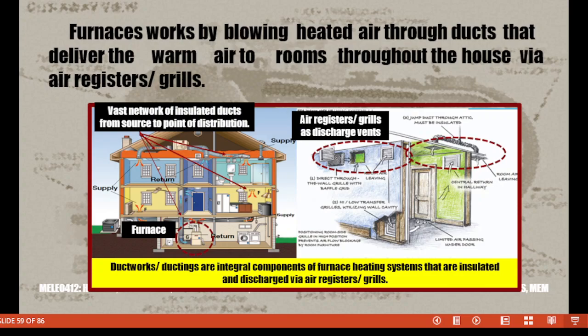So natatransfer ito onto the passing air across such heat exchangers, which is conveyed via the so-called ducts or discharged via the so-called air registers or what is known as grills. So yung mga nakikita nyo dito sa may configuration natin, yung naka-encircle dito, ito yung tinutukoy nating air registers or grills known as the so-called discharge vents.